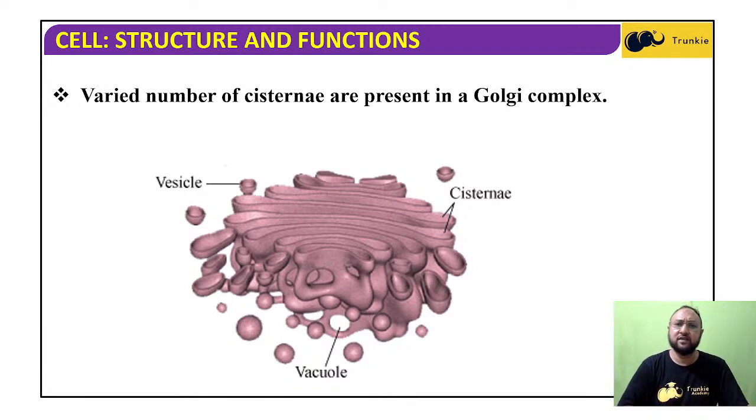You can see this is the cut portion. So you can see the lumen. This is the lumen, the cut portion, and slowly these cisternae are forming a vesicle at the terminal, at the end, and then ultimately these vesicles are getting detached from the cisternae, forming the vacuoles and going to the other part of the cytoplasm.